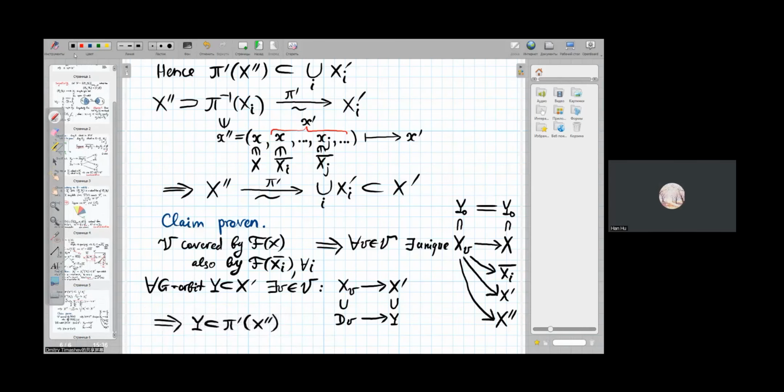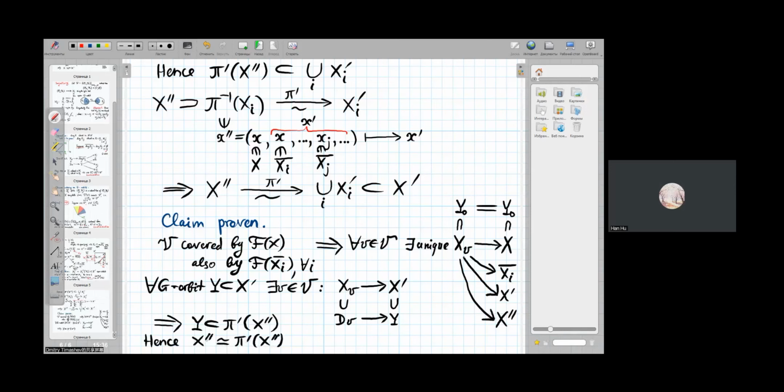So we conclude that x double prime, which is isomorphic, of course, to its image under pi prime, because our claim says that the projection map pi prime is an open embedding of x double prime into x prime.